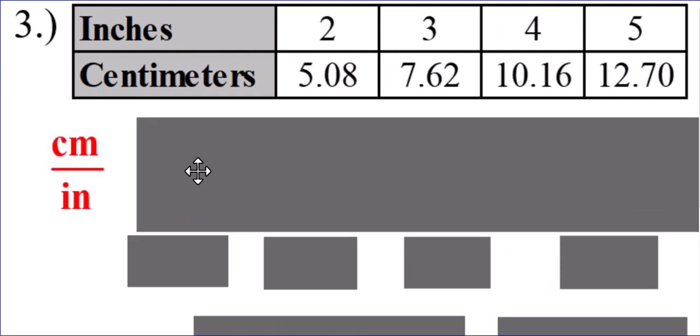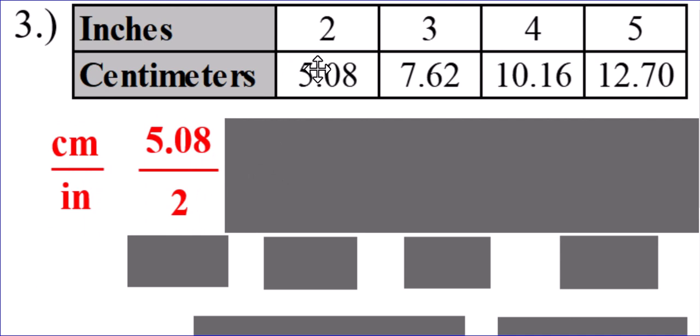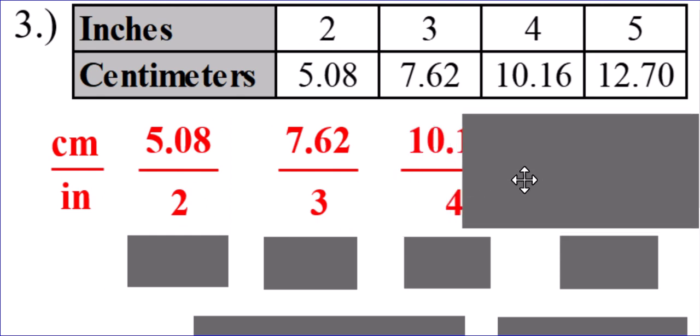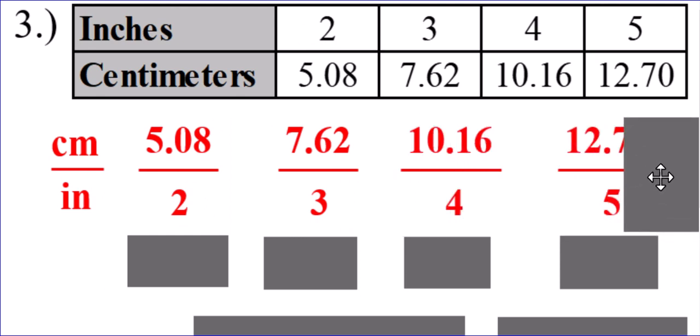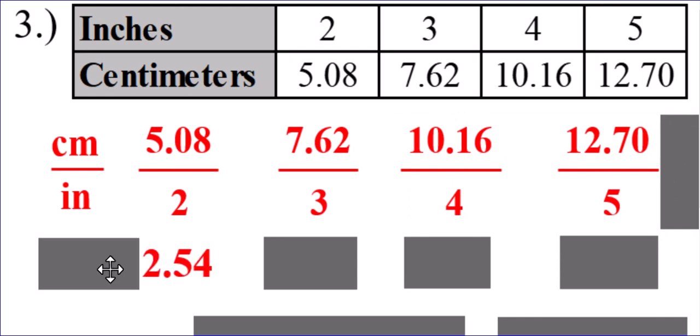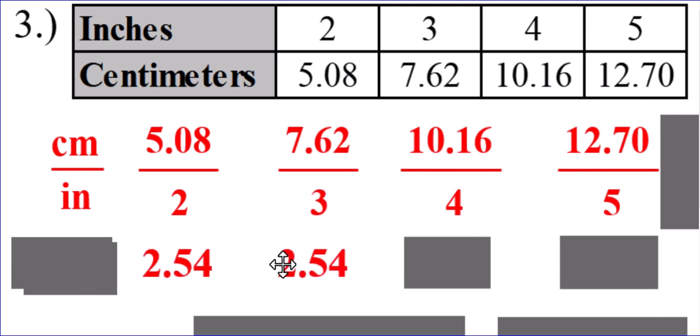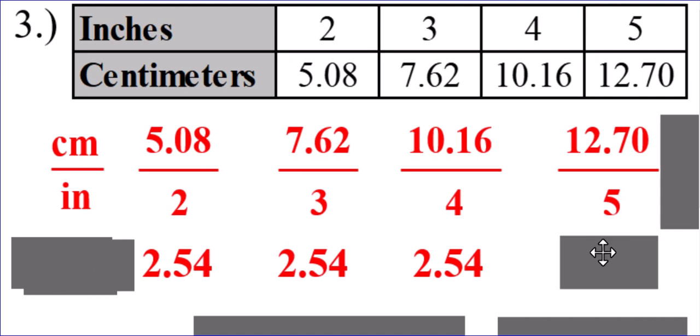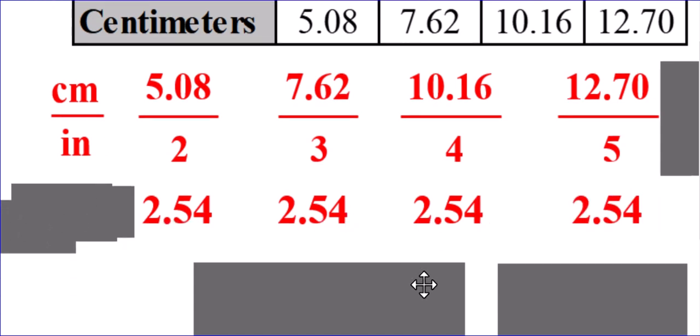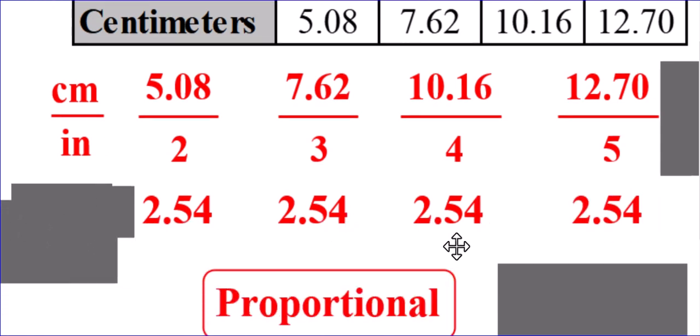I'm going to assume that you guys are putting the second row of numbers in your numerator and the first row of numbers in your denominator, because that typically seems to be the way that we set these up with most of these table problems. But if you did it the other way, it's okay. Doing it this way, you're going to get 2.54 every single time that you divide. So this is a proportional relationship.